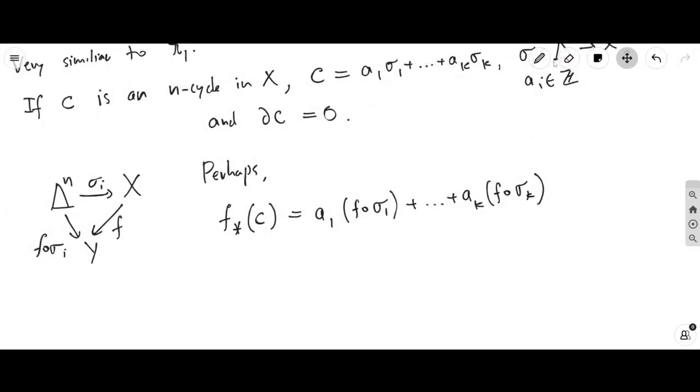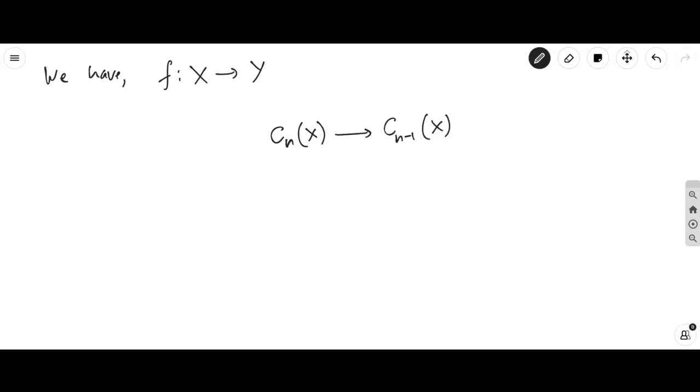This is sort of motivation for what we're about to do, but let's clear the board and do this again. So we have a continuous map from X to Y. And in order to define homology, we have to go to the n-dimensional chains. We have a map into n-1 chains. This is our boundary map. And then we have another boundary map that precedes it.